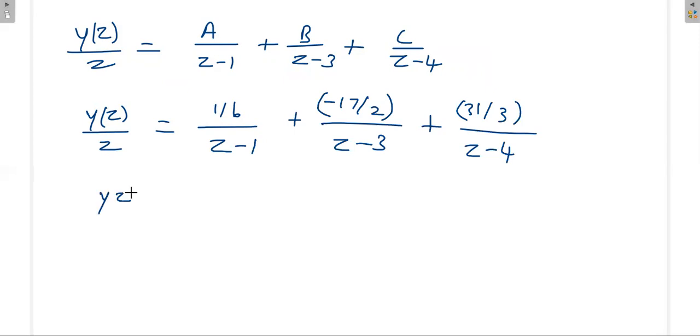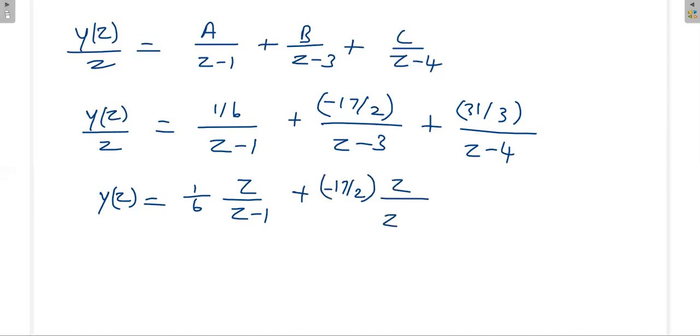So Y(z) is equal to 1/6 z by (z − 1) minus 17/2 z by (z − 3) plus 31/3 z by (z − 4). Just take the inverse z transform.